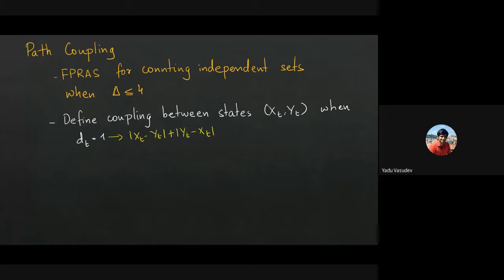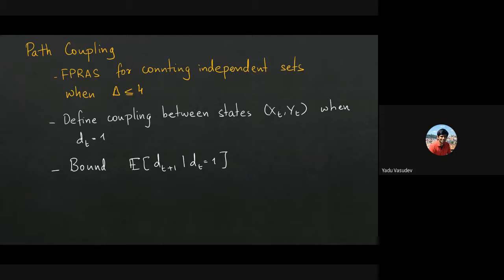Okay. Now, what we show is what happens to this value dt as the Markov chain progresses, right? So just like in the previous proof, we try to bound the expected value of dt plus 1, but now you're going to use the fact that dt is equal to 1, because you know that the coupling is on states which differ in only one vertex.